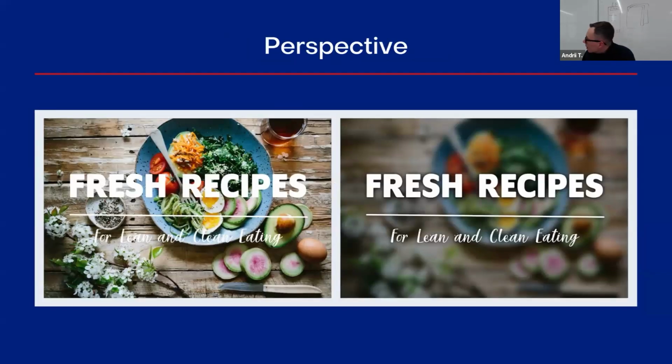Perspective. This is an example of how perspective works. On the left image, you can see some mess because all the layers of these images are placed at the same level. But on the right image, you can see that if we add some depth into this, the fresh recipes stand out, and it helps us build this perspective.